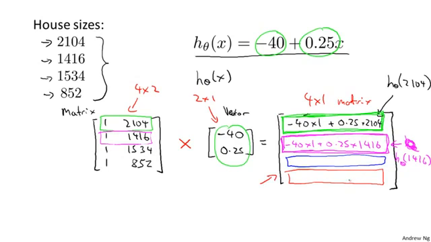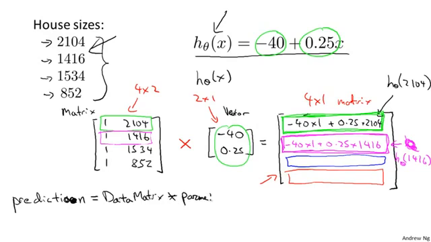And the neat thing about this is that when you're actually implementing this in software, when you have 4 houses and you want to use your hypothesis to predict the prices of all of these 4 houses, you can write this in one line of code. When we talk about Octave and programming languages later, you can write: prediction equals my data matrix times parameters.